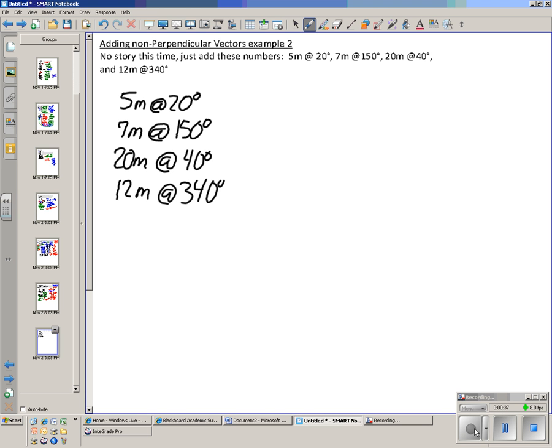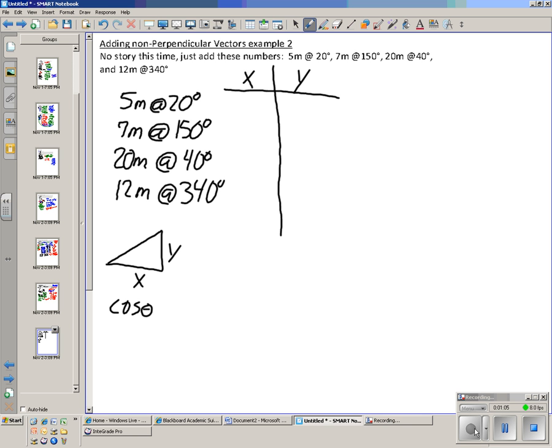Now these are interesting because they're not all in the first quadrant anymore. That's okay. I can still break them down into the x and y components the same way. If I am remembering about the sides of my triangle, that this is the x and that this is the y, and I'm trying to get the x and y components, I can remember that cosine of theta equals x over r.